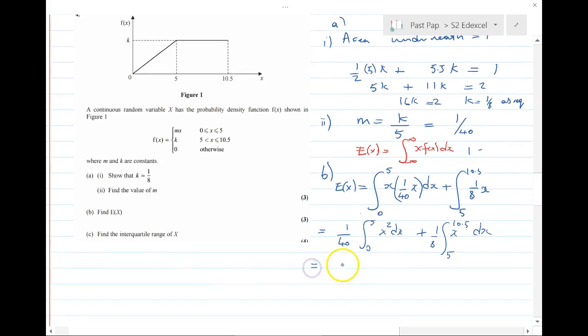So that equals 1 over 40 times x cubed over 3 between the limits 0 and 5, plus 1 over 8 times 1 over 2 x squared between the limits 5 and 10.5.